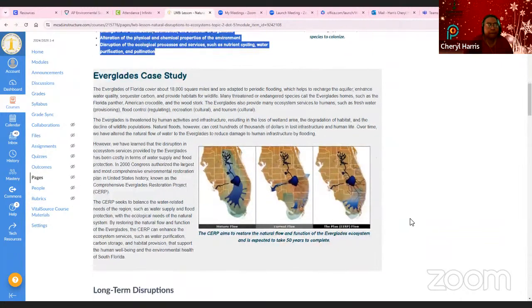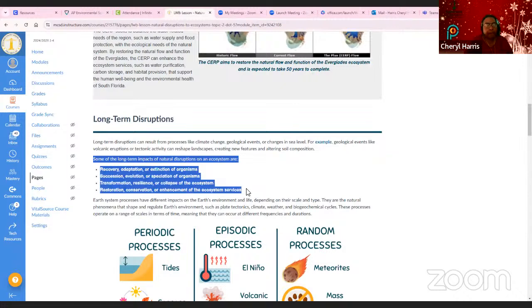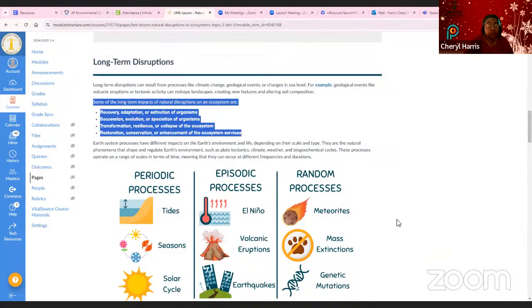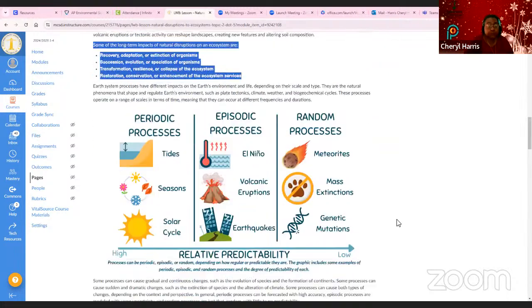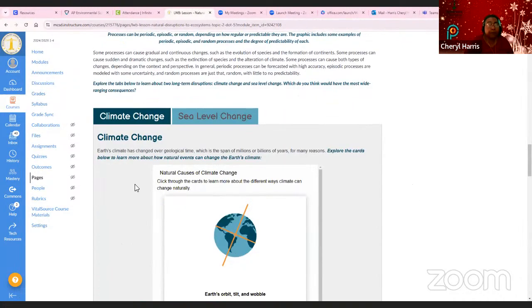Look at all of the long-term things. Know your short-term and long-term effects. That's what I want you to look at.